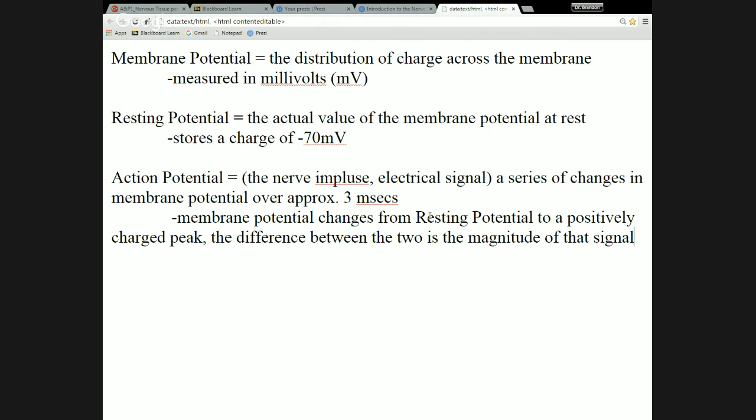Now, I'm typing this in, defining it kind of off the cuff, although I'm always defining this semester, so it's not like I'm making it up. But let me make sure that you understand what I'm saying here. Okay, so a cell is sitting there at resting potential. Over about 3 milliseconds, the charge distributed across the membrane changes, going from that resting potential value, which is negative 70 millivolts, meaning the inside is 70 millivolts more negative than the outside, to a peak.